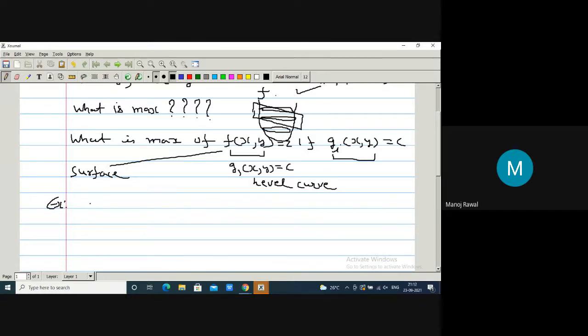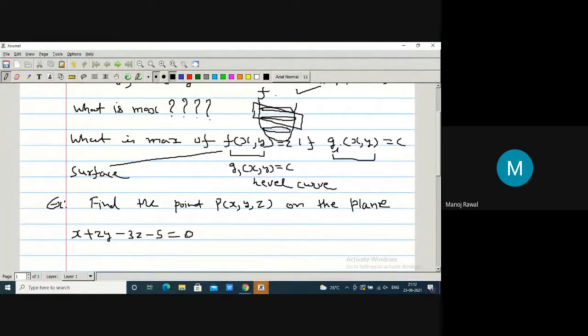Find the point P(x,y,z) on the plane x + 2y − 3z − 5 = 0 that is closest to the origin.